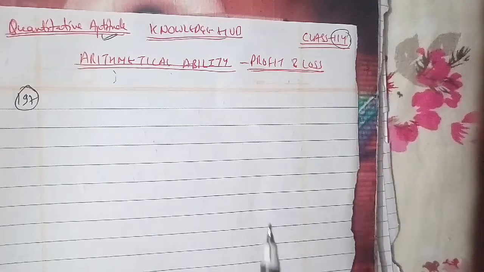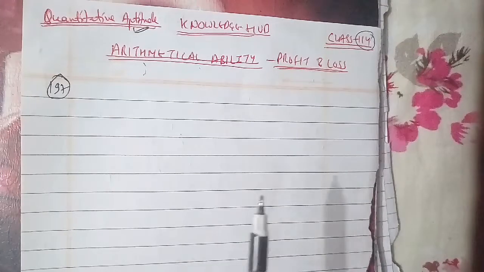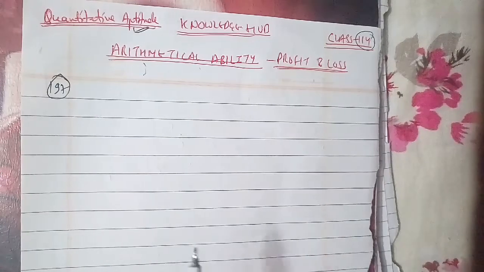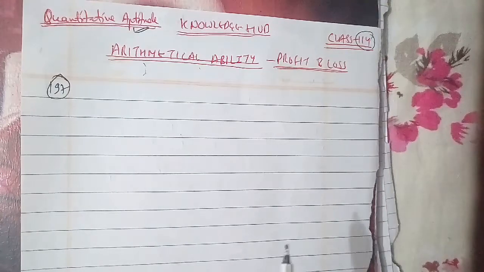You have to give your answer D when the data in both statements 1 and 2 together are not sufficient to answer the question. You have to choose your answer E if the data in both statements 1 and 2 together are necessary to answer the question. So we go with the same.